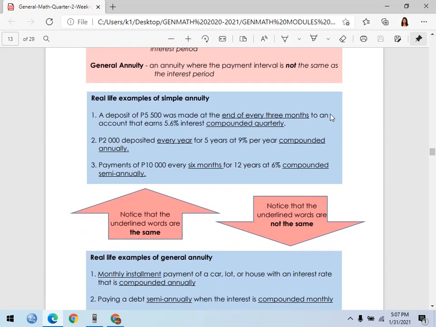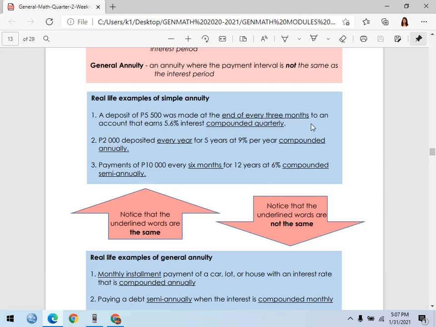Number 1, a deposit of 5,500 pesos was made at the end of every 3 months to an account that earns 5.6% interest compounded quarterly. So, as you can see, yung pagbabayad niya ng 5,500 pesos is every 3 months.